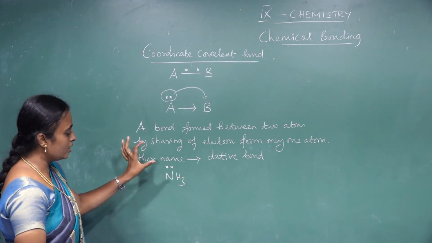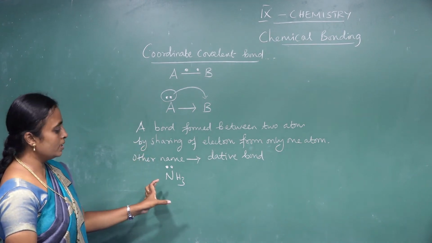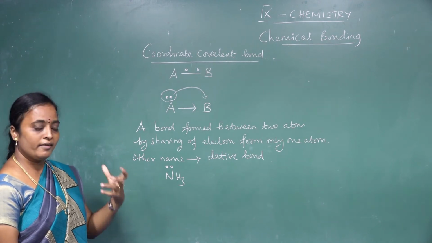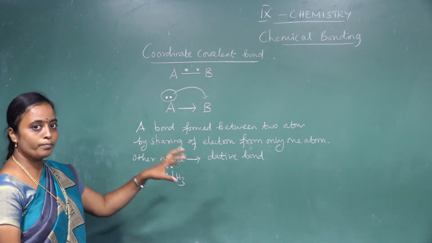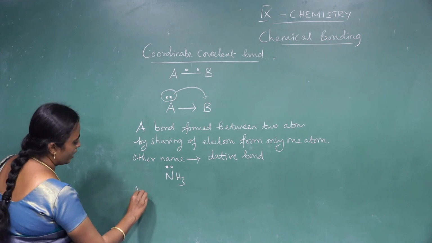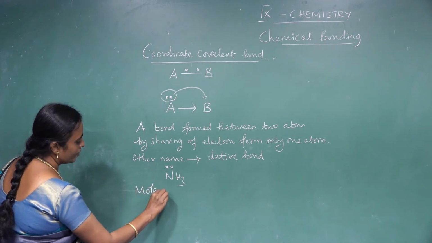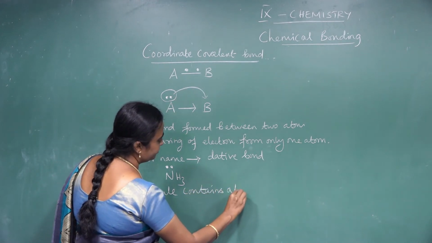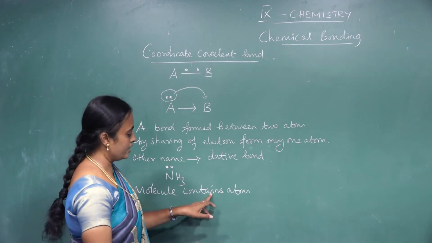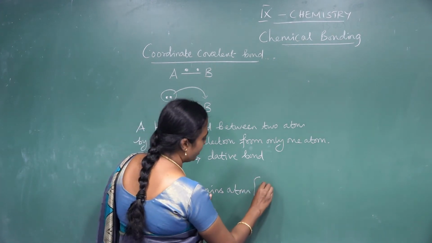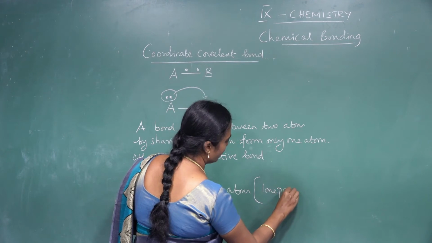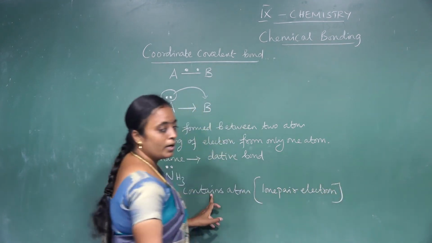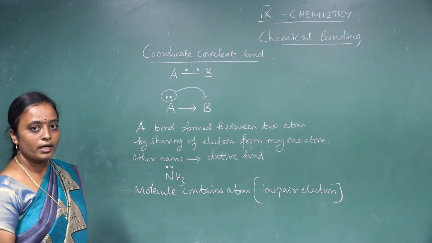So if you want to form a dative bond, the molecule involved should contain an atom with a lone pair of electrons. This is a necessary condition for a molecule to exhibit a coordinate covalent bond.